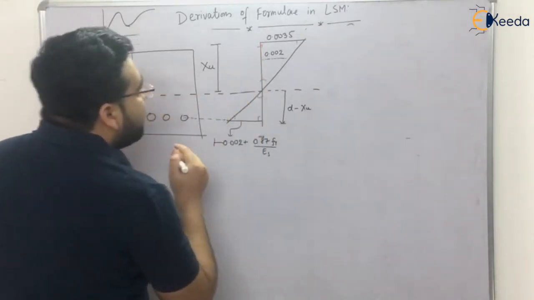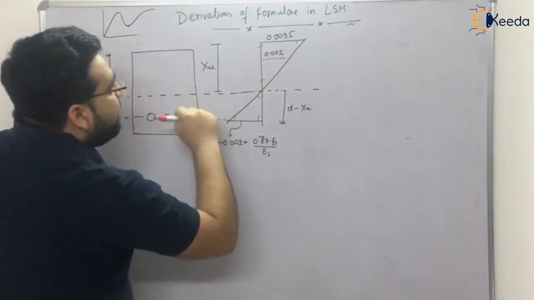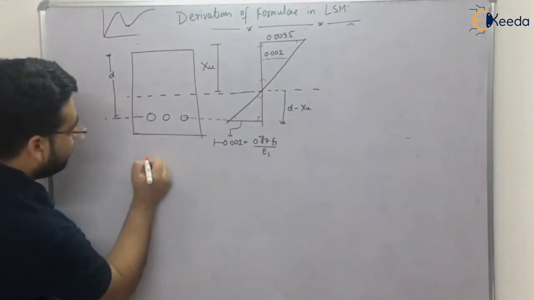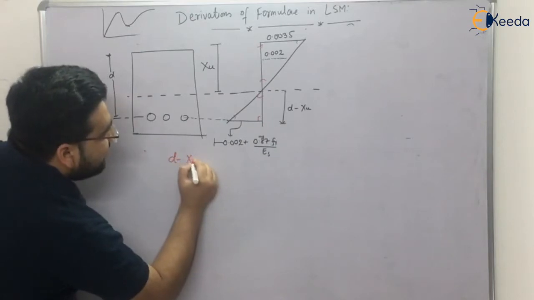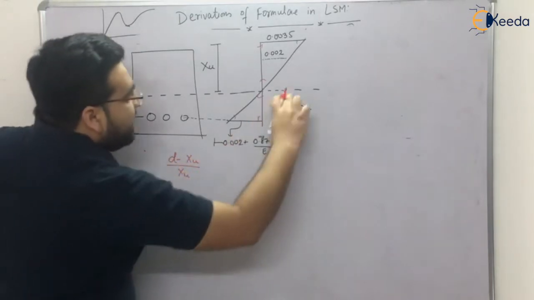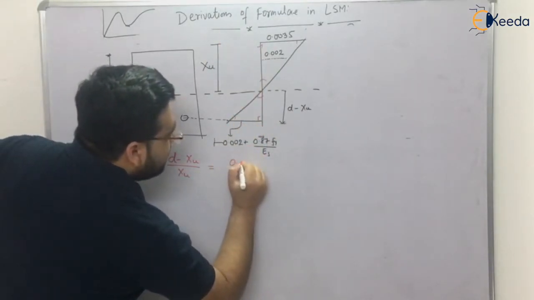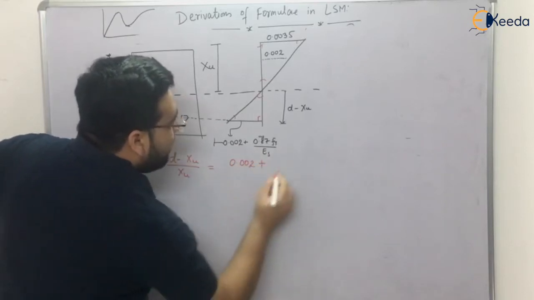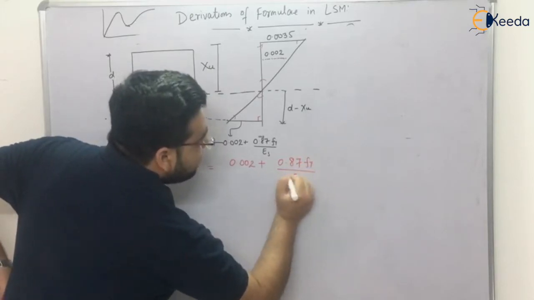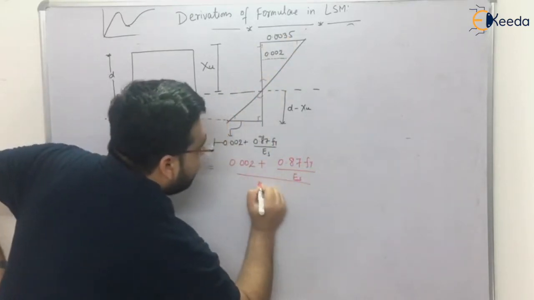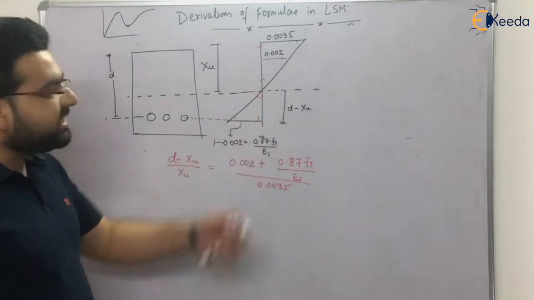So in these two triangles, let me take this triangle: d minus Xu divided by Xu is equal to 0.002 plus 0.87 Fy divided by Es, divided by 0.0035. Simple, just by the similarity of triangles.